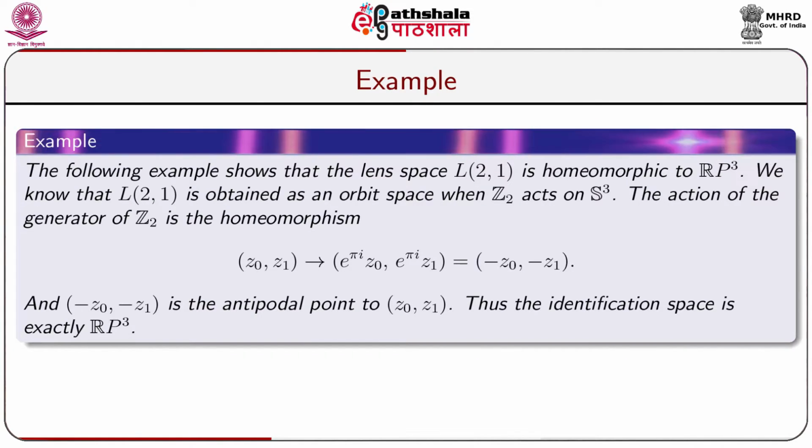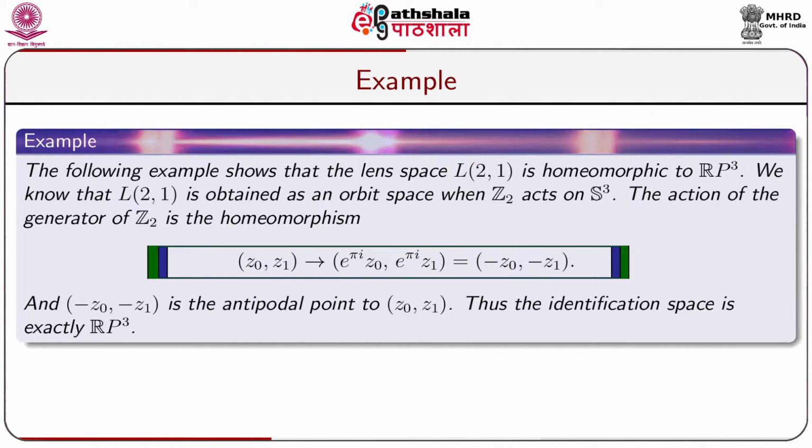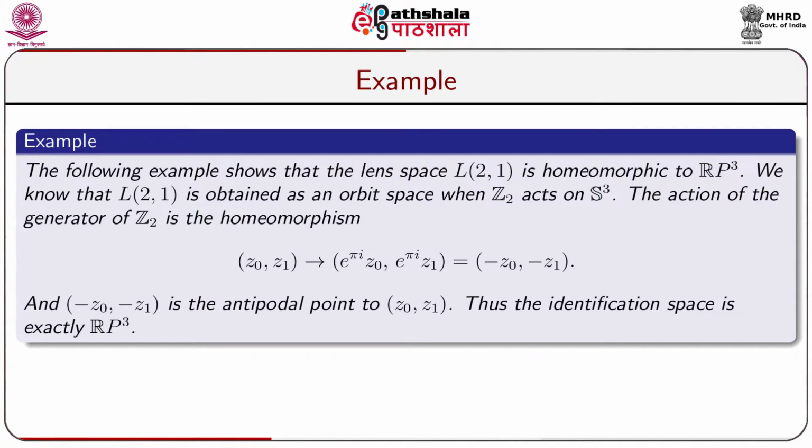The action of the generator of Z2 is the homeomorphism defined by (z0, z1) goes to (e to the power 2 pi i by 2 z0, e to the power pi i z1), which is equal to (minus z0, minus z1), and we know that (minus z0, minus z1) is the antipodal point to the point (z0, z1). Thus, the identification space is exactly RP3.